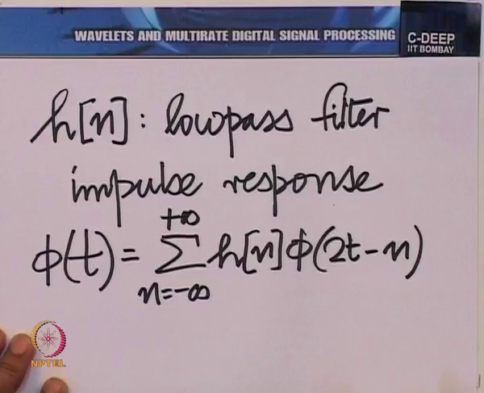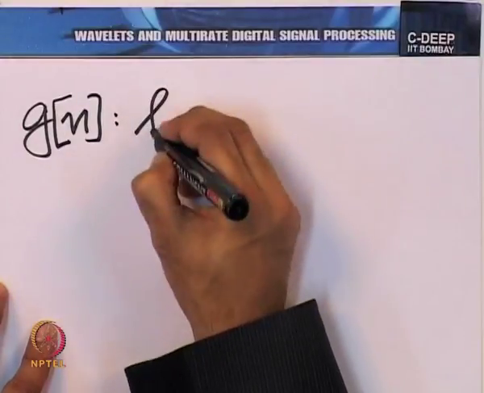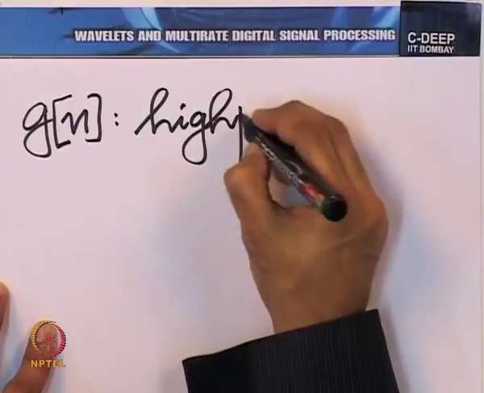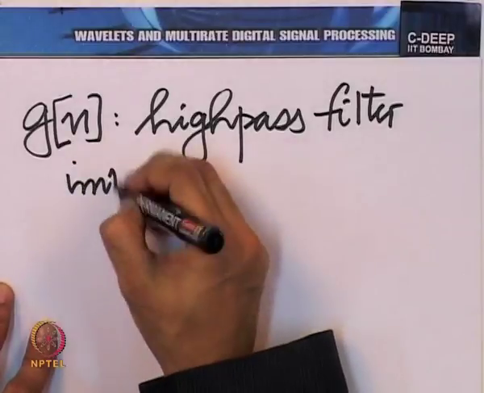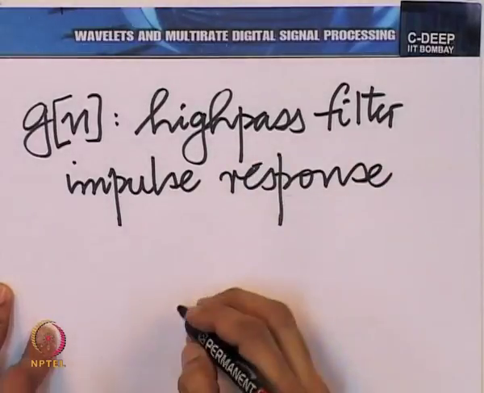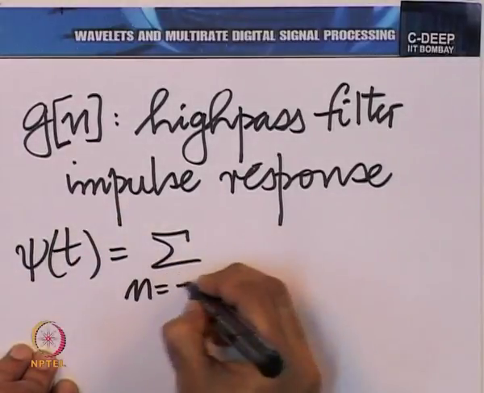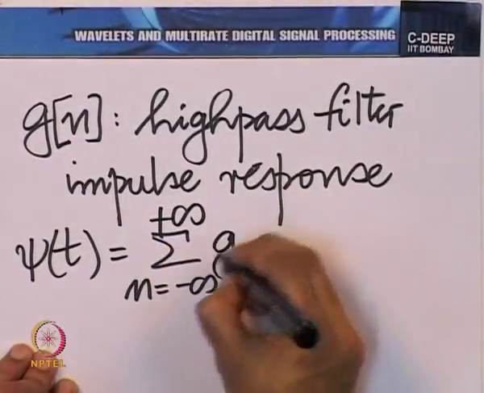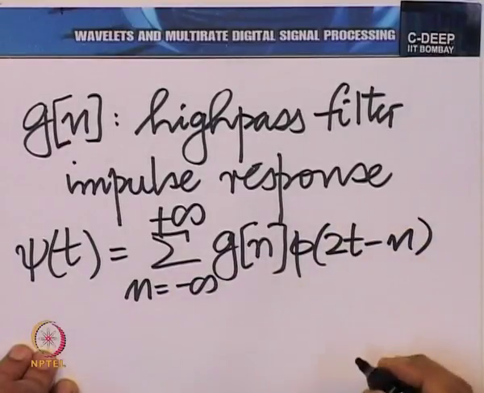And as far as the wavelet is concerned, we had said that if we take the high pass filter in the filter bank, so, if g of n is the high pass filter impulse response, then psi of t is summation n going from minus to plus infinity g of n phi 2 t minus n, again phi note, not psi.